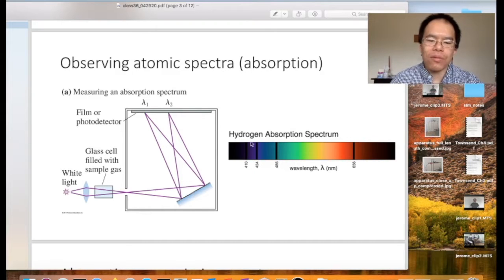Because you're using white light coming in, you get most of the colors in the absorption spectrum, except for ones where there's an absence of light. So in absorption, there are dark lines that are missing, presumably because the atoms inside this sample chamber absorbed light of those wavelengths.